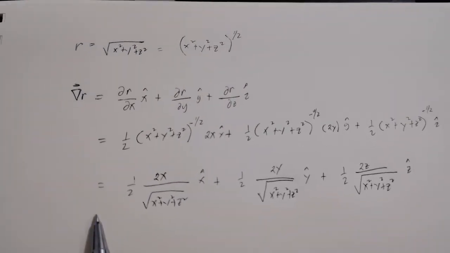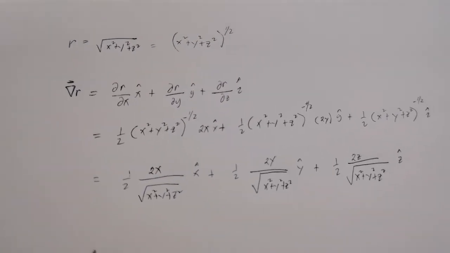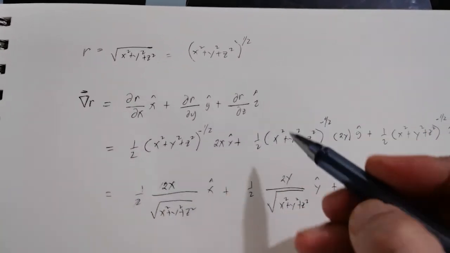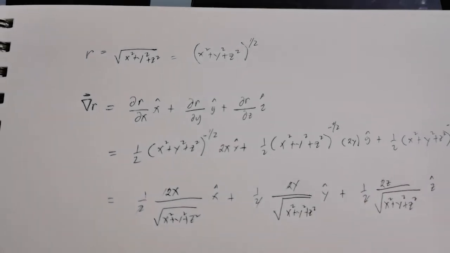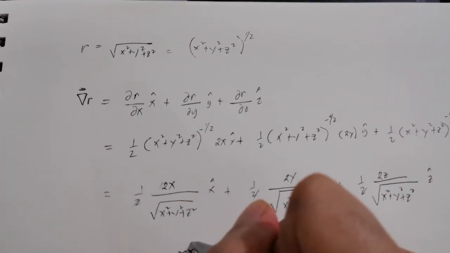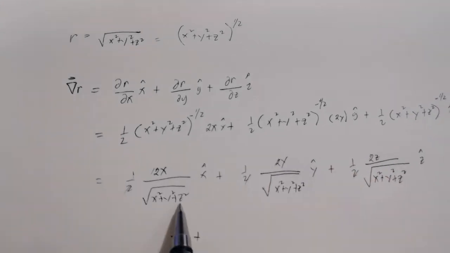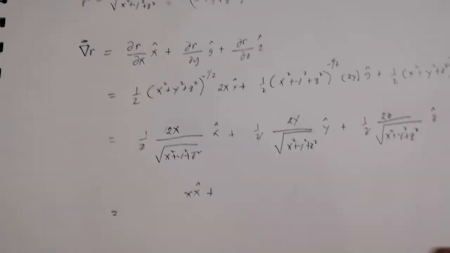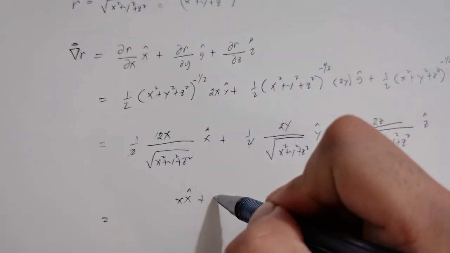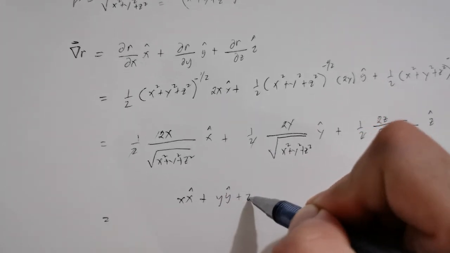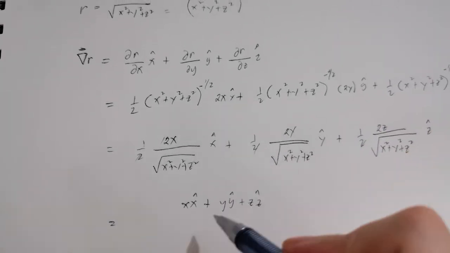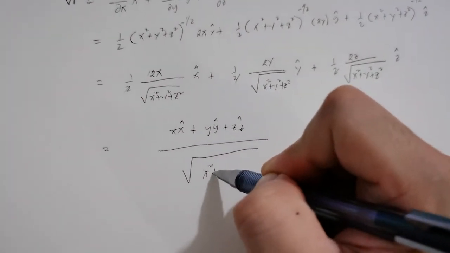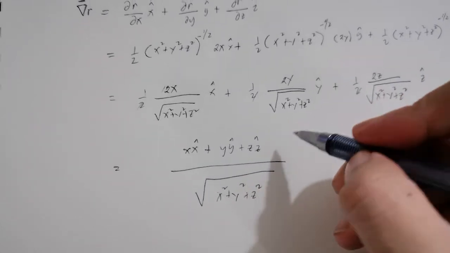Then we can further simplify this equation. The 2s cancel, so we are left with x hat. The common factor in all three is the square root of x squared plus y squared plus z squared, so we have y hat plus z hat, all over x squared plus y squared plus z squared.